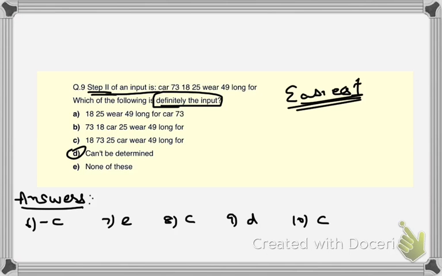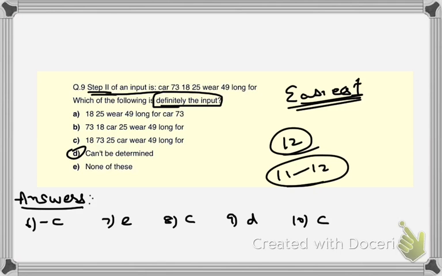This particular section was allotted 12 minutes, and you could have easily done these questions because of syllogisms, in near about 11 to 12 minutes. This was enough time to do these questions.